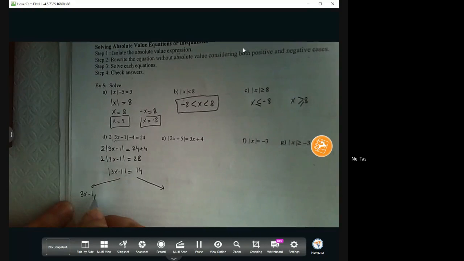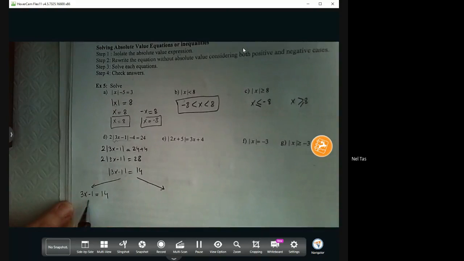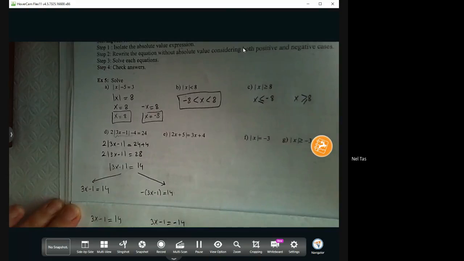So either 3x minus 1 equals 14, that is the positive case, or negative (3x minus 1) equals 14. So make sure you use brackets. You could also do it this way, which is fine. You could also say positive 1 is 3x minus 1 equals 14, and the other one is 3x minus 1 equals negative 14, and so on.